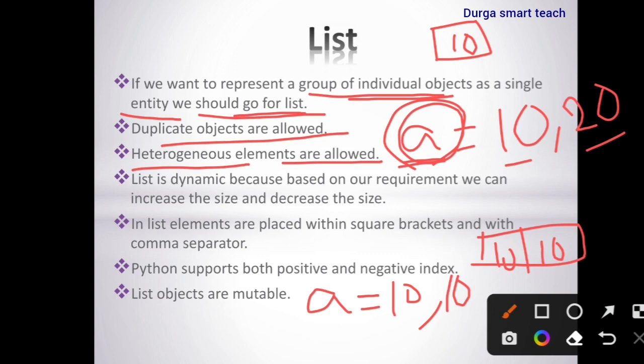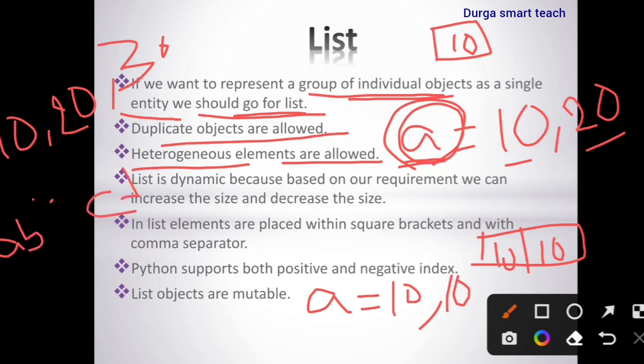Next one is heterogeneous elements are allowed. So what is meant by heterogeneous? Array is used to allow homogeneous elements. Homogeneous elements means same data type elements. For example, if you are storing integers, you need to store all the integers only. If you are storing strings, you need to store all string values.